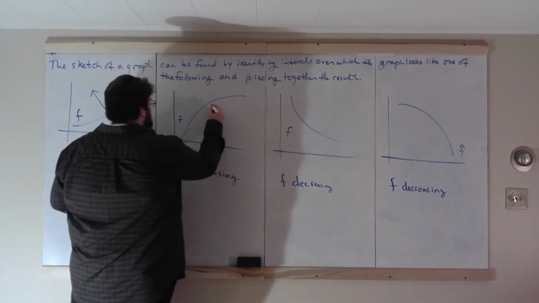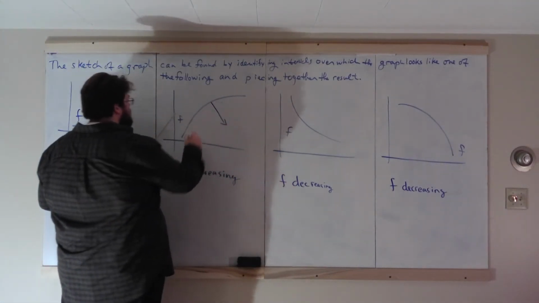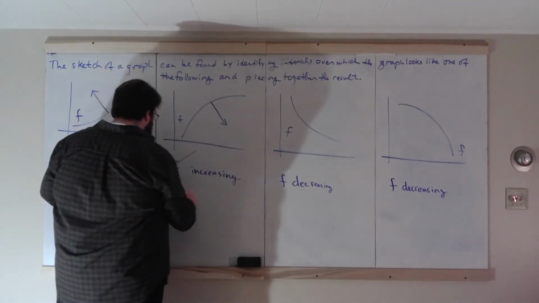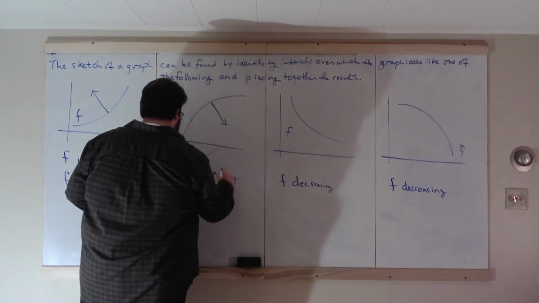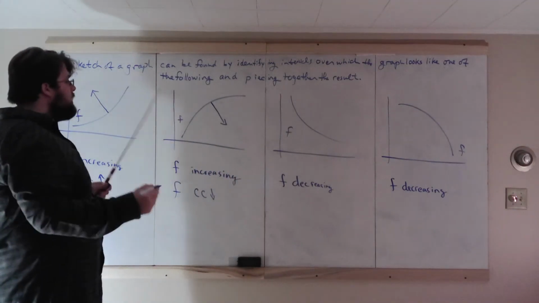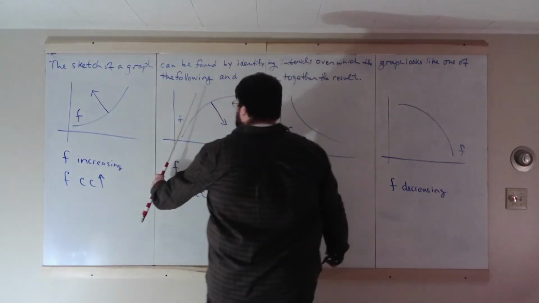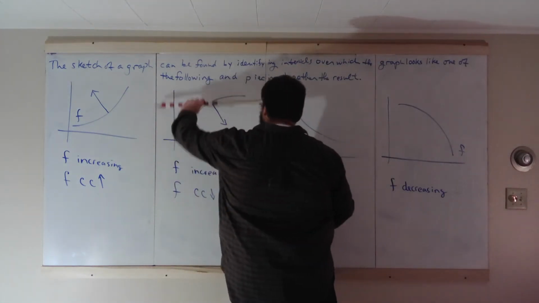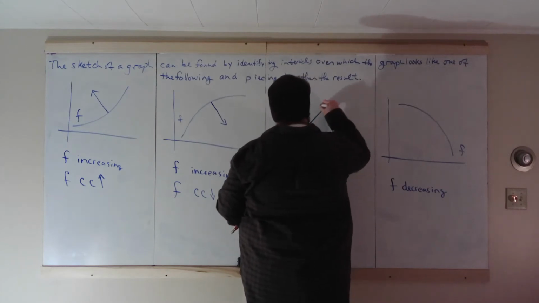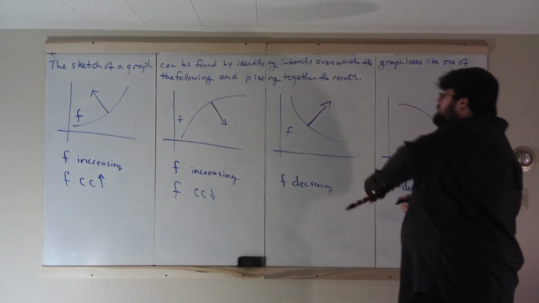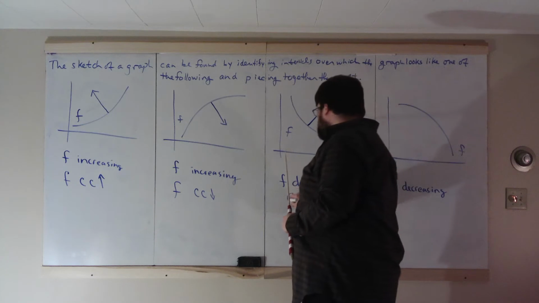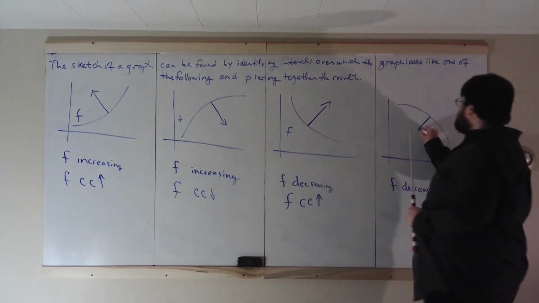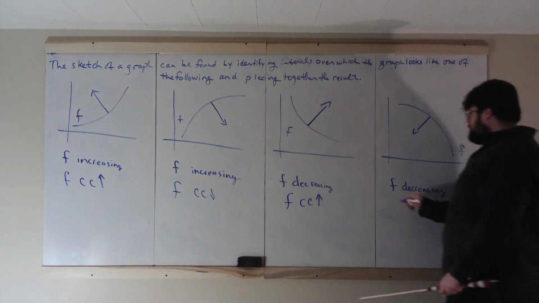And over here, you look at the caved-in portion, draw an arrow away from it, it's going down, and F is concave down. Here, alternatively, the slopes become less positive. Over here, caved-in portion pointing in an upward direction. And over here, caved-in portion in a downward direction.